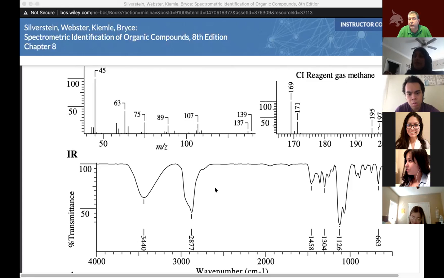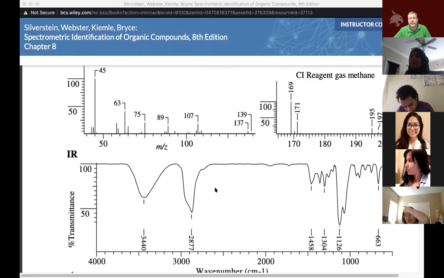So that suggests that the 169 is the M+1 peak? Yes, and 168 is the parent peak. And the rest, that 195 and 197, is the presence of ethylene or propylene that added to the base peak, and it's created 195, 197.